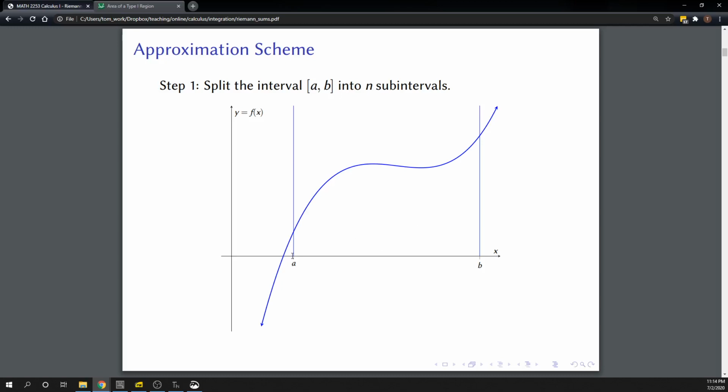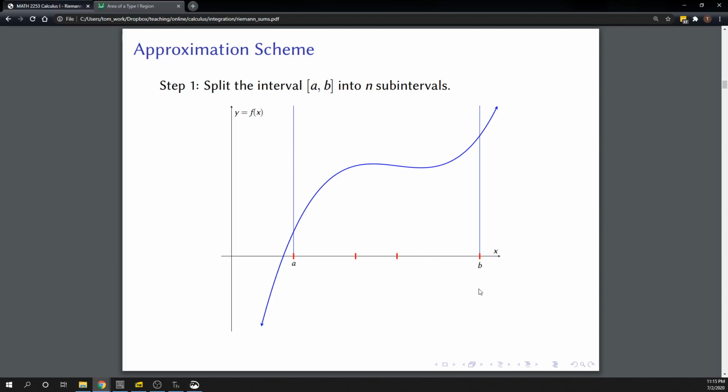So here's the interval that we're integrating over, the interval from a to b, and we want the area of this region in here. So I'm going to split that up into some number of subintervals. The first subinterval is going to go from a to whatever this is. The second one is going to go from here to here, and my last one is going to go from here all the way to b.